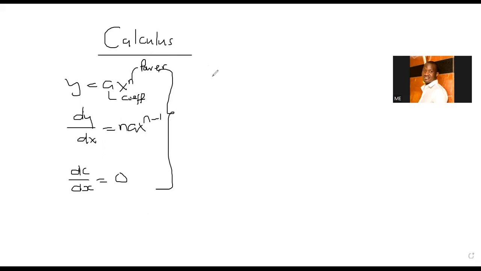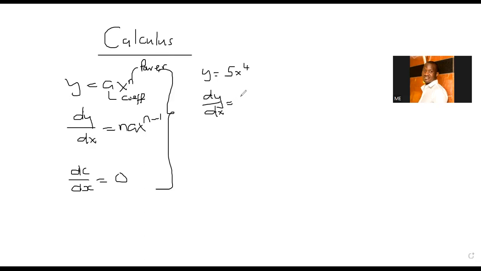So if you have y is equal to 5x to the power 4, your dy over dx is equal to 20.